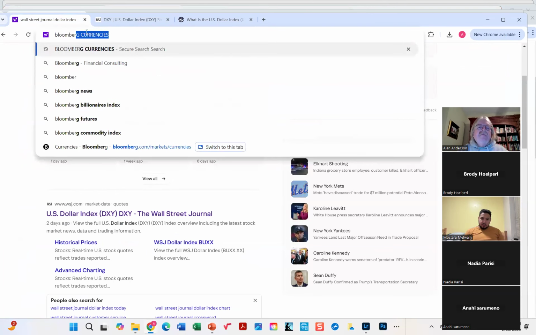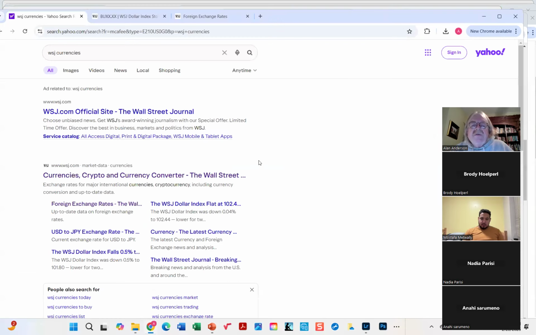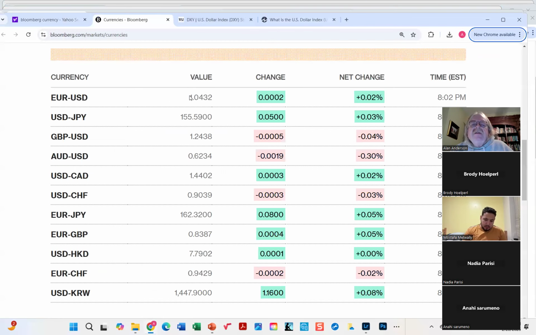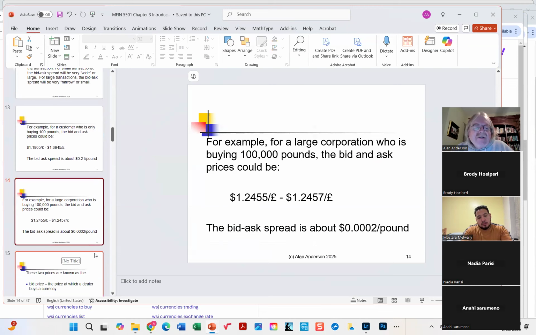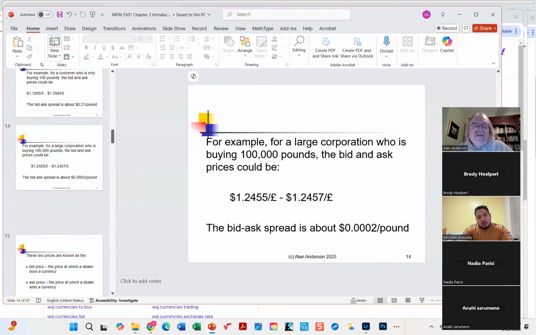Because what they're telling you, like this one, for example, 104.32, is the midpoint between the bid and the ask prices. So if you're actually going to buy or sell euros or dollars, this is not the number you'll pay. This is the halfway point between the bid and the ask prices. So all these quotes of a single number are really not numbers you can trade at.